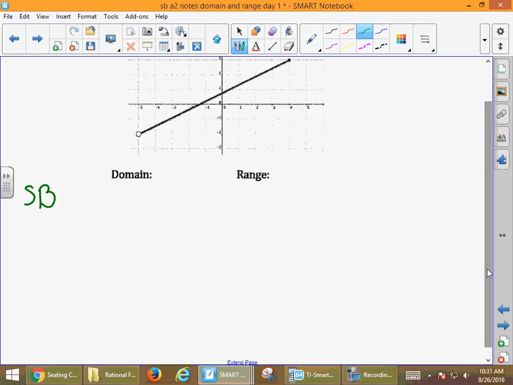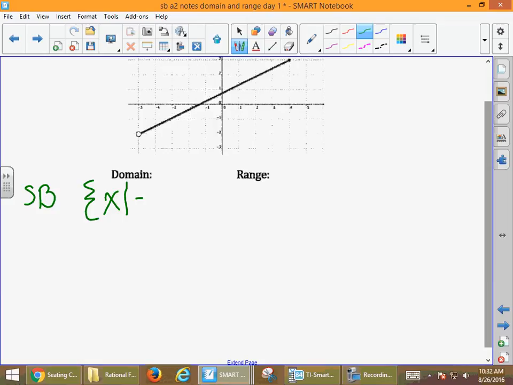Well, 1, 2, 3, 4, 5, -5. Our smallest x value is -5. What's our biggest x value? 1, 2, 3, 4.